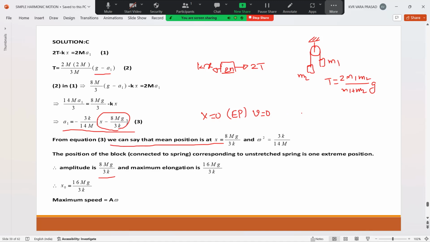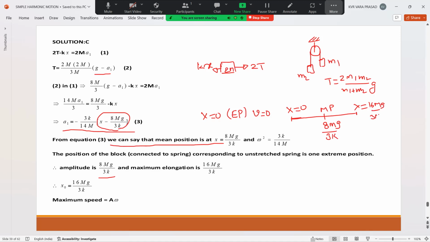I am drawing the diagram here. One extreme is x equal to 0, and coming to the mean position, 8mg by 3k. Then the other extreme will be x equal to 16mg by 3k.